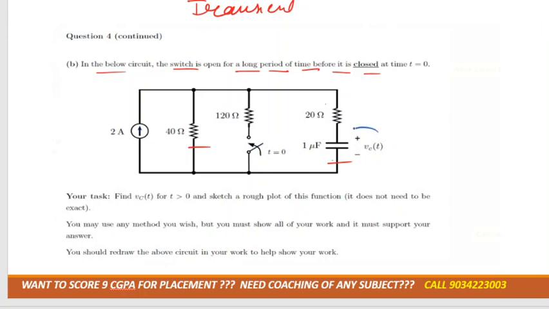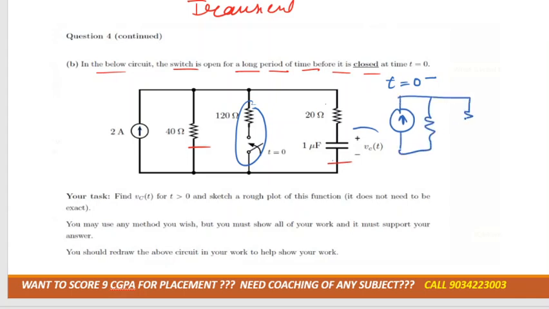For capacitor, suppose this is the case at t equal to 0 minus. So at t equal to 0, the switch is closed. Before that, the switch was opened or closed? Before that, it was opened. So that means there is no current flowing through this. Yes or no? So can we redraw the circuit like this at t equal to 0 minus?